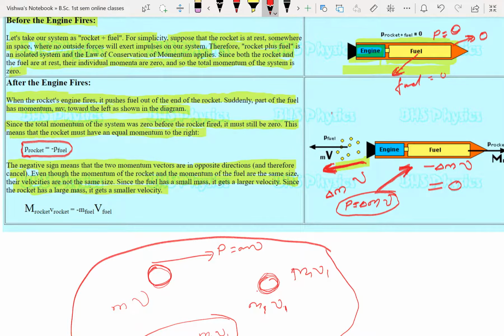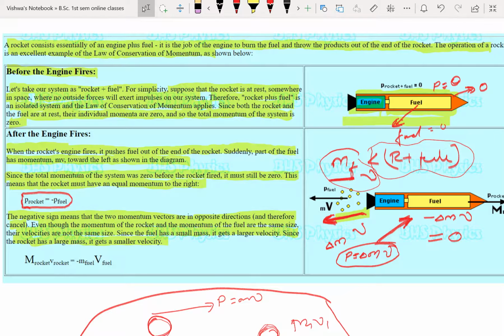Fuel mass is less than rocket plus fuel, but this exhausted gas has higher velocity than the rocket, so that these two balance. In a simple case, according to the law of conservation of momentum, the momentum of the exhaust gas is equal to the momentum of the rocket plus the remaining fuel in the rocket, but those two are in opposite directions.